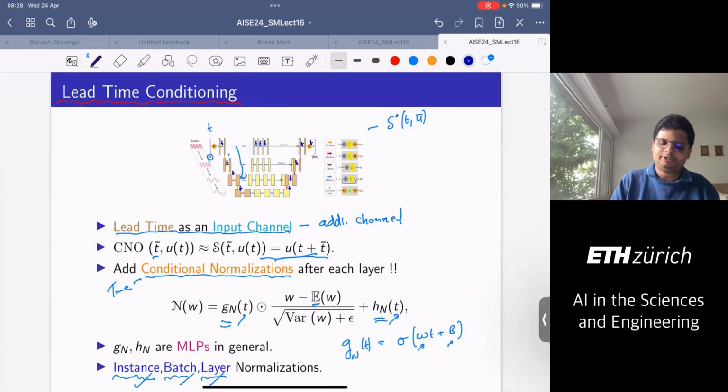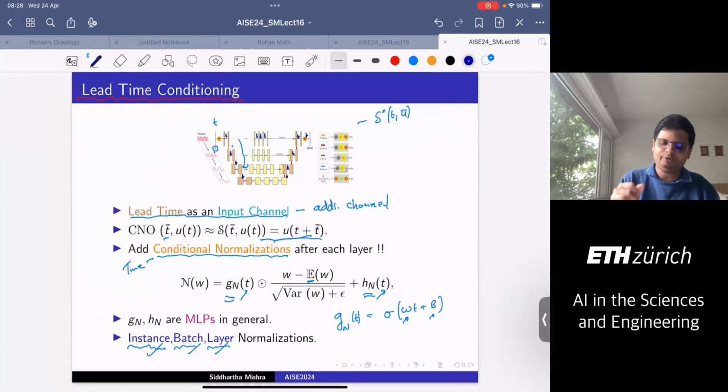So this is a simple, elegant way to imprint time across the entire neural network, so that it learns that at this instance I still have to predict something, compute features related to some sort of time dependent process, right?